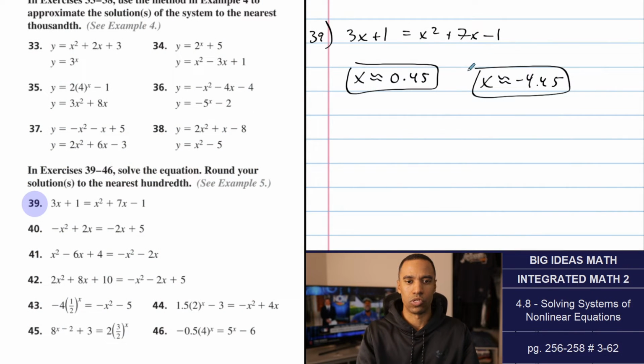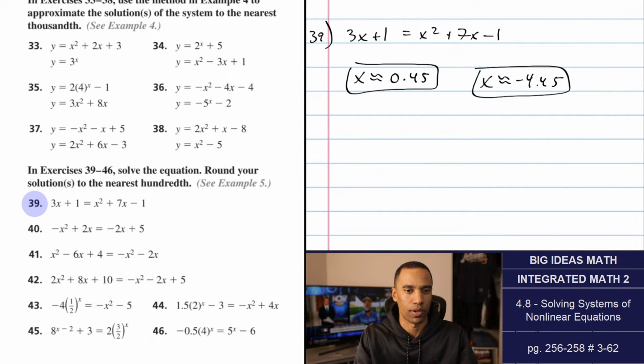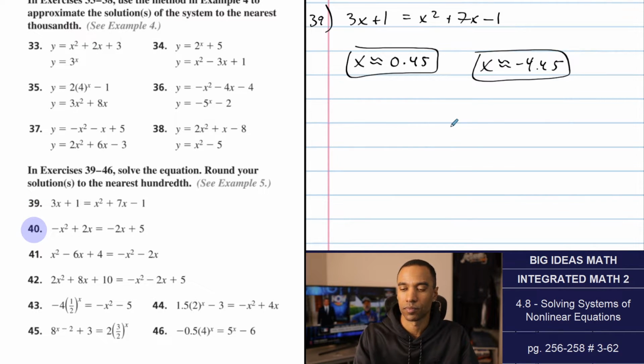Negative 4.45. And there we go. That is those two. So, okay, I'm just going to go about it like that. All right, these problems can go quickly if I work them out properly. Number 40. Negative x squared plus 2x equals negative 2x plus 5.